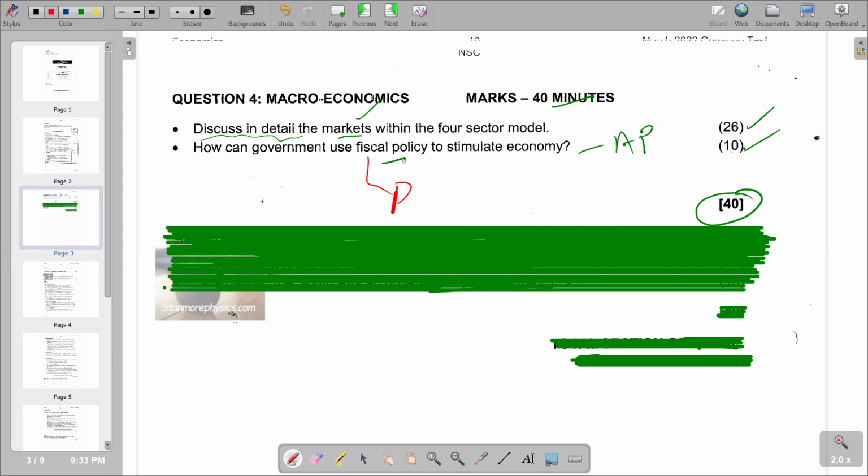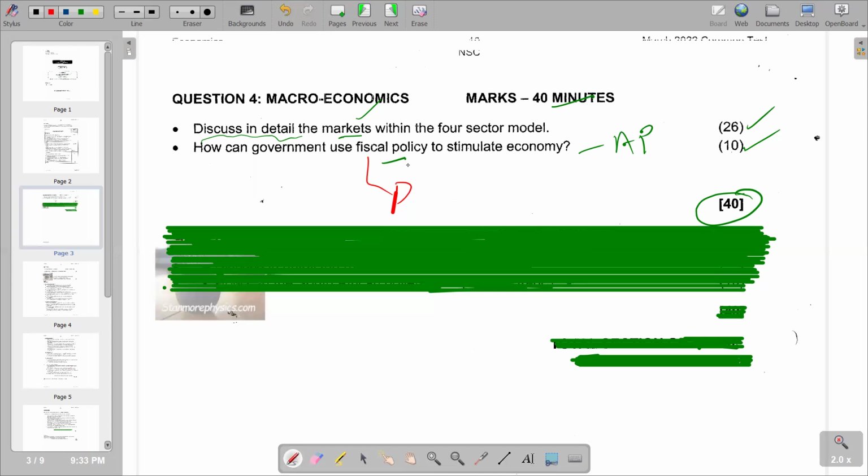So how can the government do that? It can play around with the instruments under the fiscal policy to stimulate activity in the economy. So remember taxation, the government can just reduce taxation. In so doing, they are making the prices lower. And obviously, if prices go down, we're going to see demand going up.